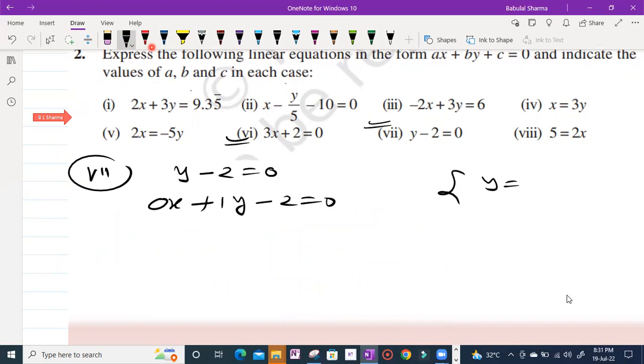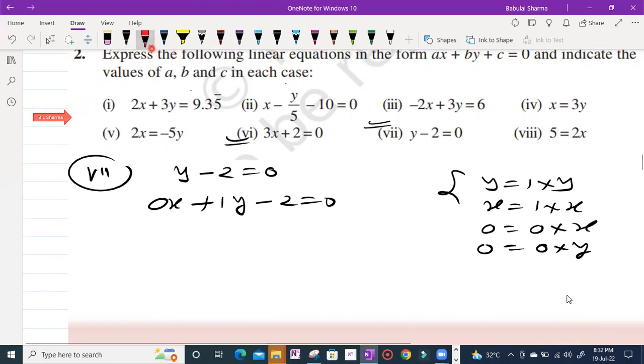Student, we can write y is equal to 1 into y. We can write x is equal to 1 into x. We can write 0 is equal to 0 into x. We can write 0 is equal to 0 into y. क्योंकि किसी भी नंबर से 0 मल्टीप्लाई हो जाता है, then it becomes equal to 0.